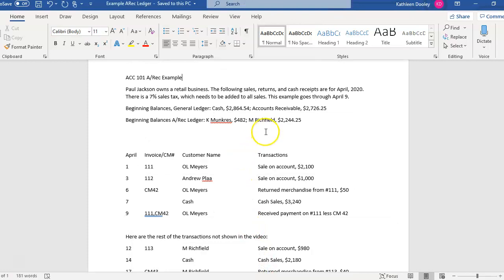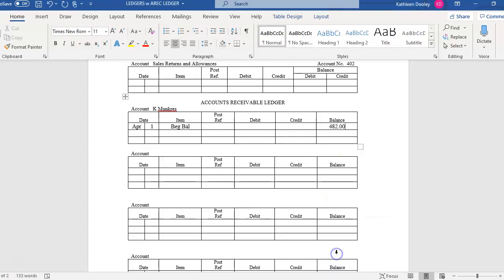And we have M Richfield, 2244.25. M Richfield. April 1st, beginning balance, 2244.25.